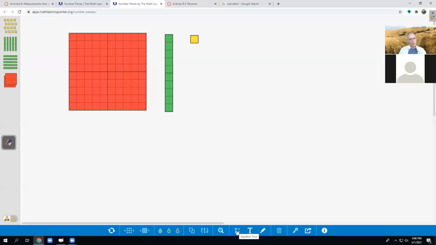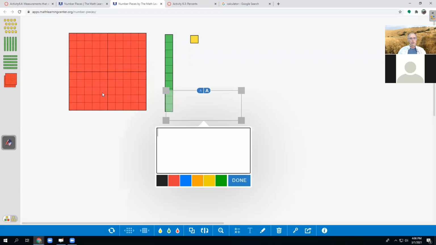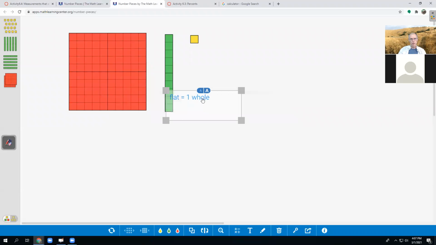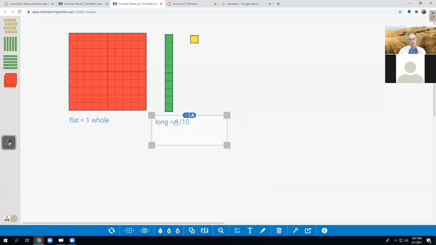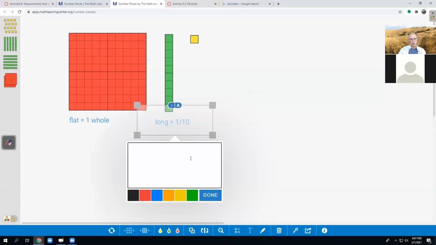Often when we did this, we had for our key that the flat one was the whole, this green long here was 1/10, and that little yellow piece then was 1/100th.